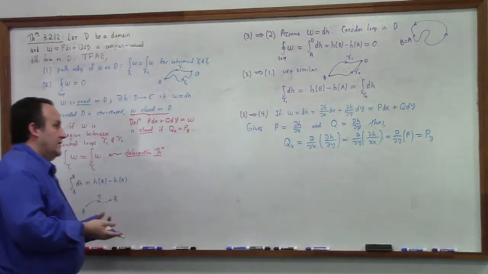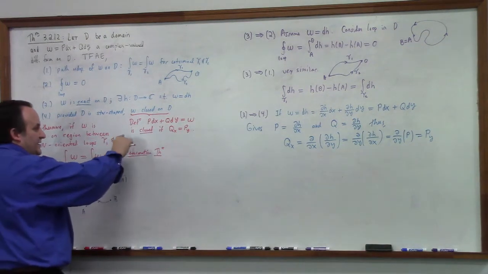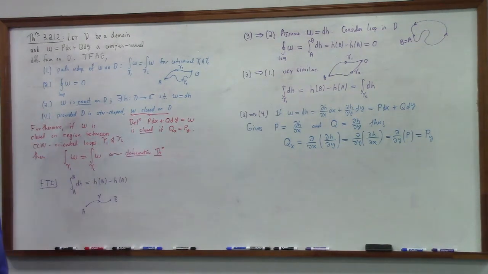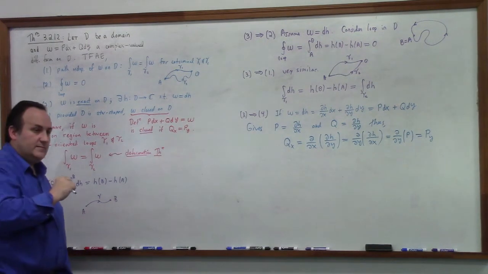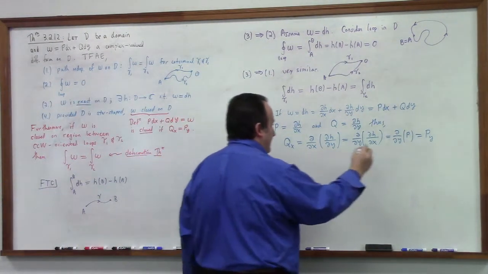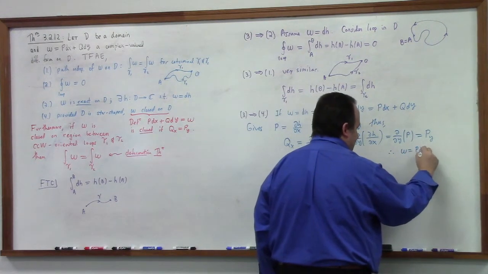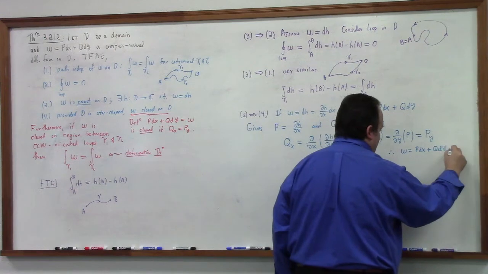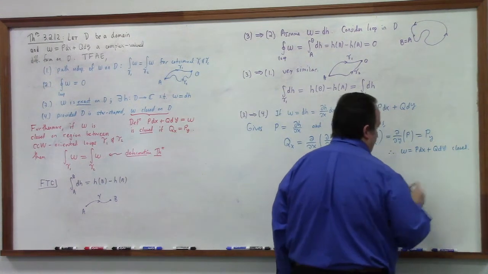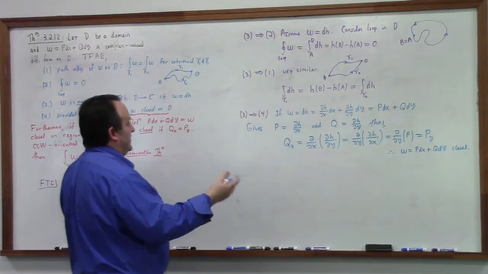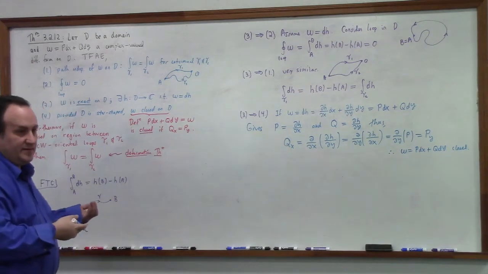Therefore, you have that the differential form is closed, because that's our definition of closed condition. Therefore, omega equal to p dx plus q dy is closed. So there you go: 3 implies 2, 3 implies 1, 3 implies 4.